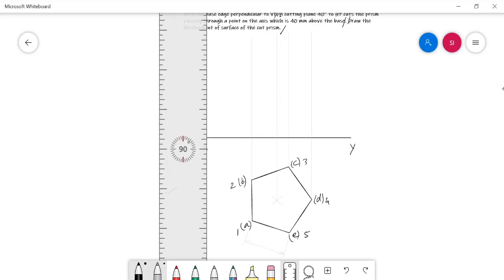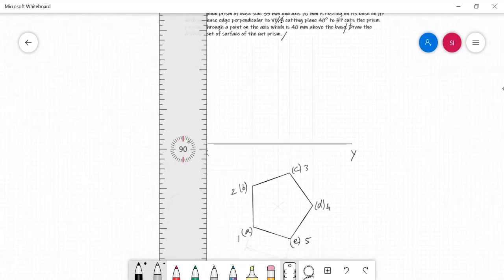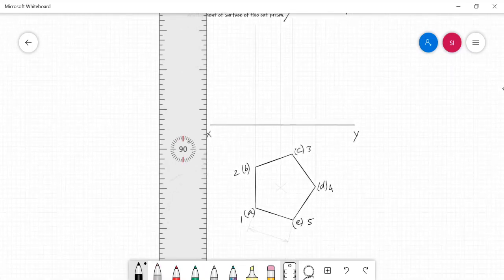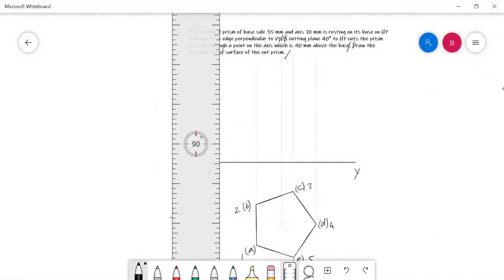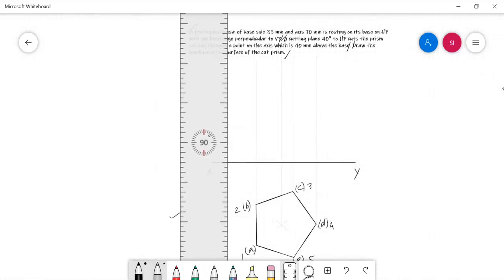The base edge length given in the problem is 35 mm. The axis height is 70 mm.